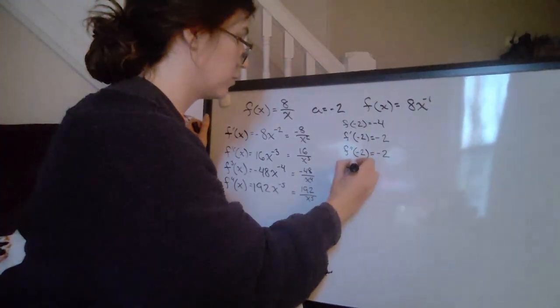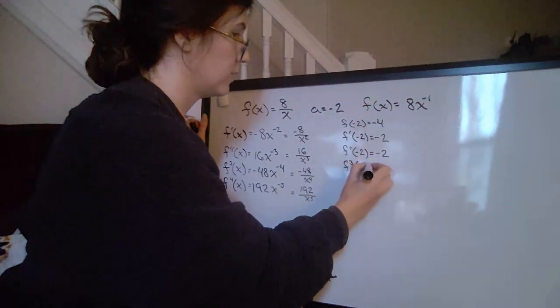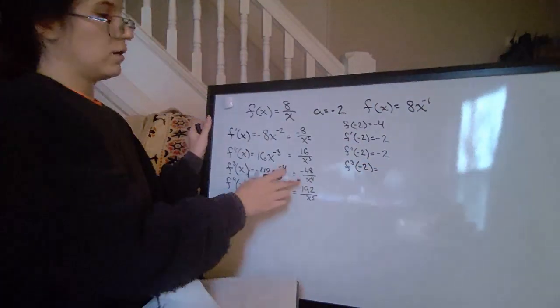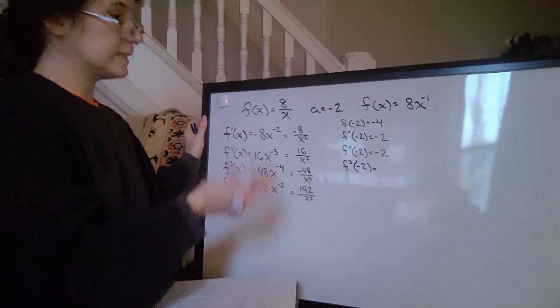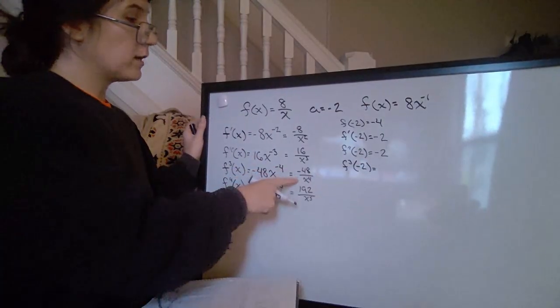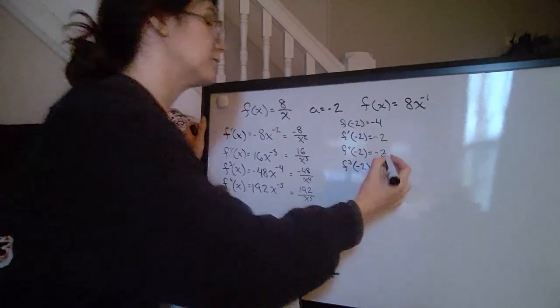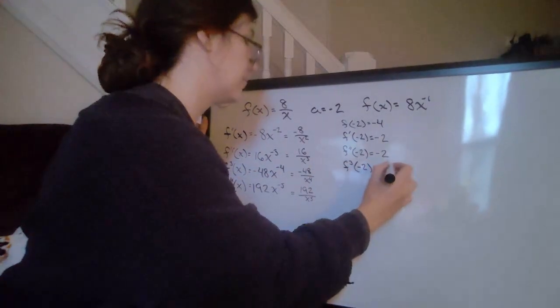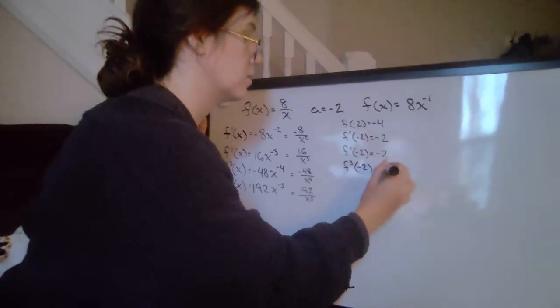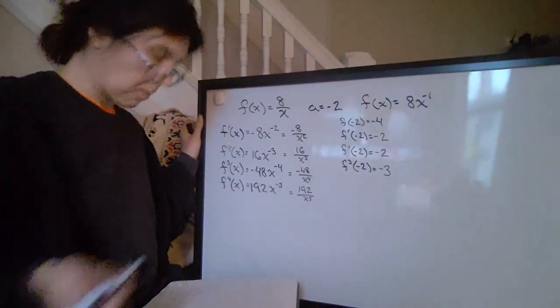If we go to the third derivative, -2: 2, 4, 8, 16. 48 divided by -16 is going to be -3. You already know that math.